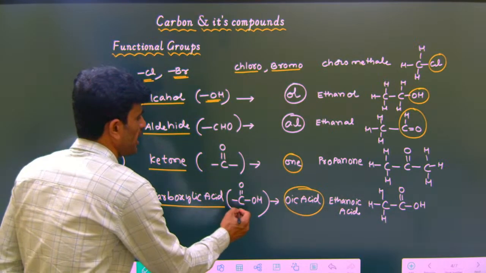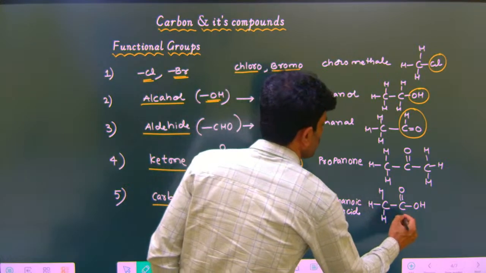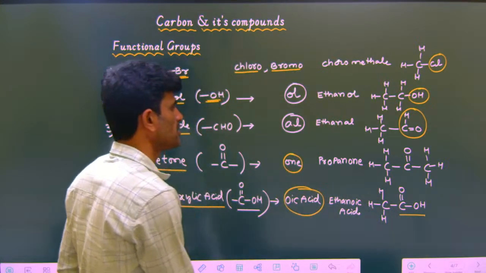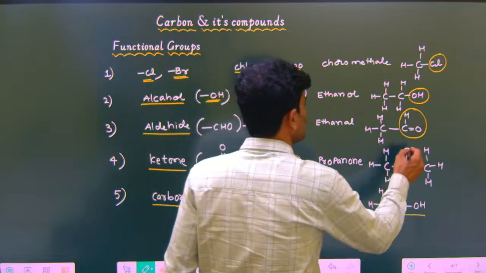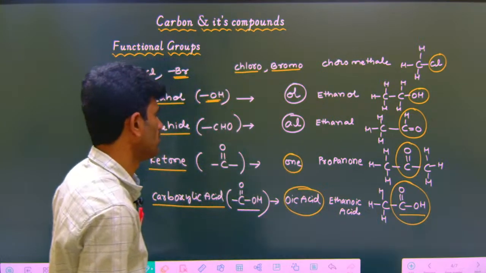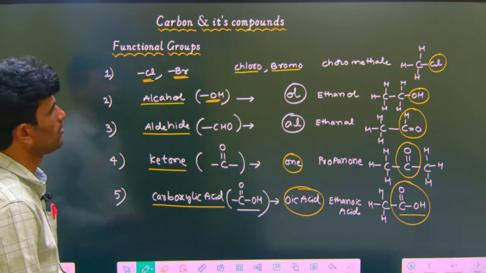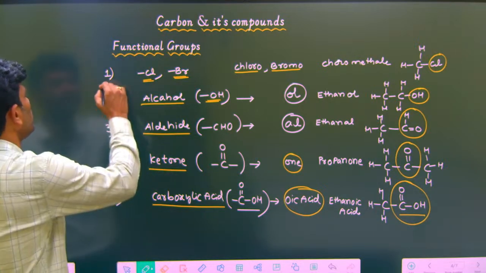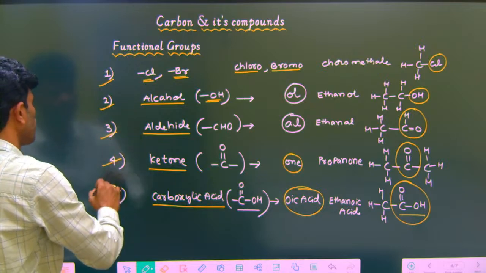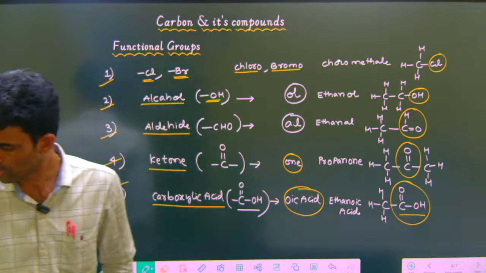COOH. This should be attached in the place of hydrogen at last. So if it is there like this, we call it COOH, ethanoic acid. This is what ketone, and this is what carboxylic acid structure. So hope you all understood about this. These are also important in your carbon and its compounds functional groups and their structures, how to draw.